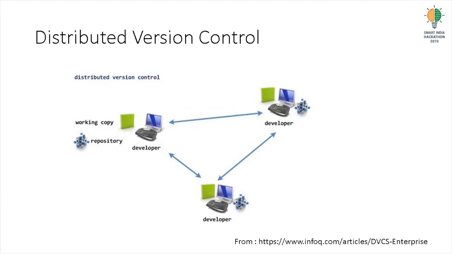When you are working on a distributed version control, each developer has their own working copy as well as their own repository copy. This repository copy is stored in a folder called .git. We'll see how that folder works, but as you can see, every developer has their own working copy and has their own repository.